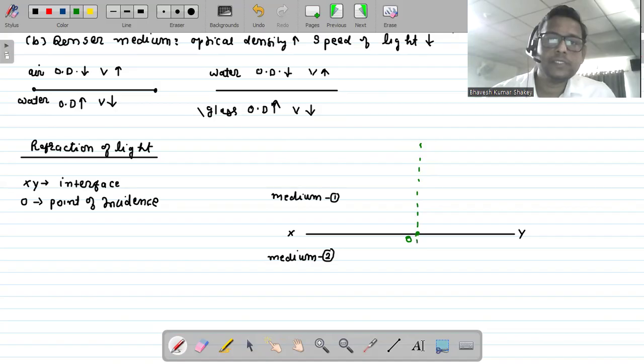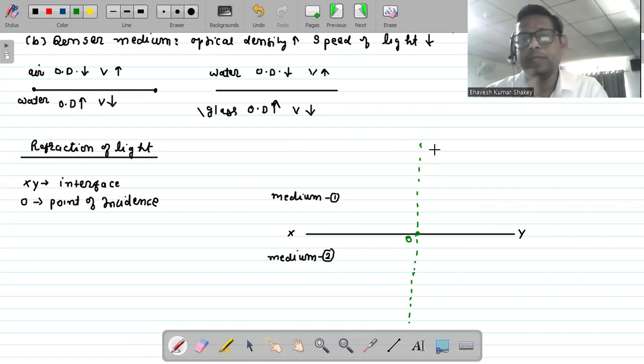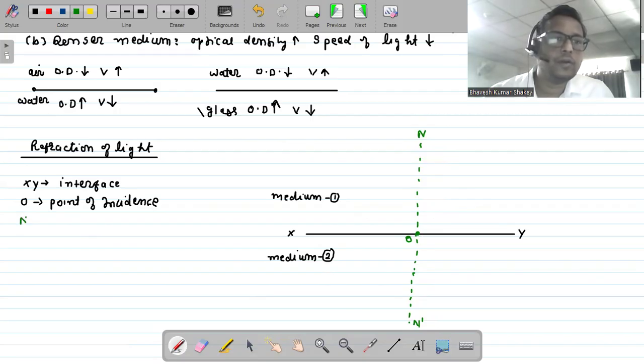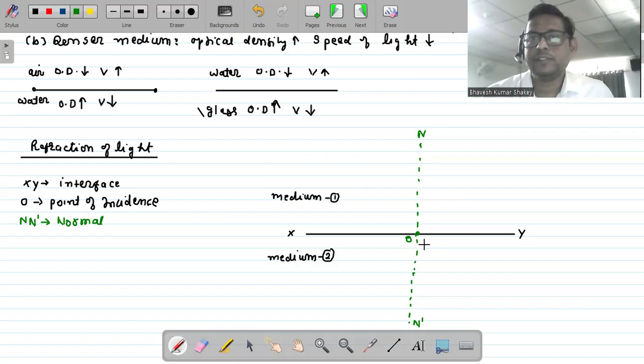This is an imaginary line which is passing through the point of incidence and perpendicular to the interface XY. This line, drawn dashed, is called the normal. So the normal is the imaginary line which is passing through the point of incidence and perpendicular to the interface XY.